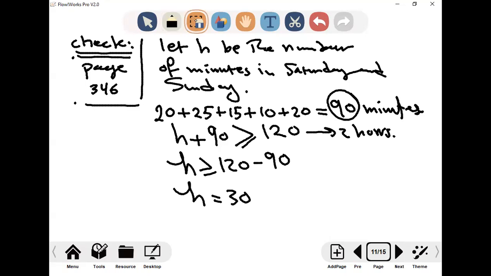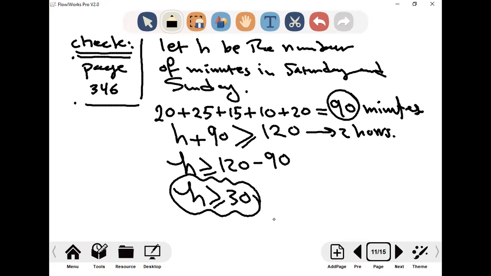More than or equal to 30. Okay. H means the total number of minutes for the 2 days, Saturday and Sunday, should be more than or equal to what? 30 minutes. Let's go down on A, B, C, D and see which two values can get the 30 minutes to select, right?